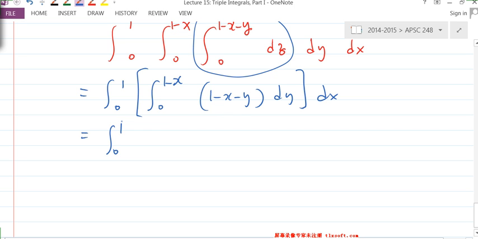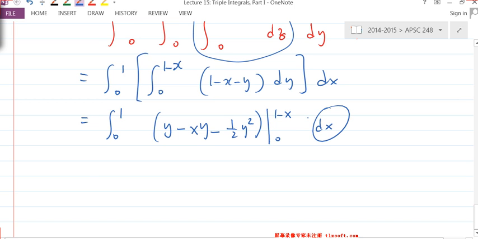Okay. So the inner integral here, you get the integral of y, so y minus xy minus half y squared, bracket, 0 to 1 minus x, and dx. And that's another thing. Don't forget a dx.